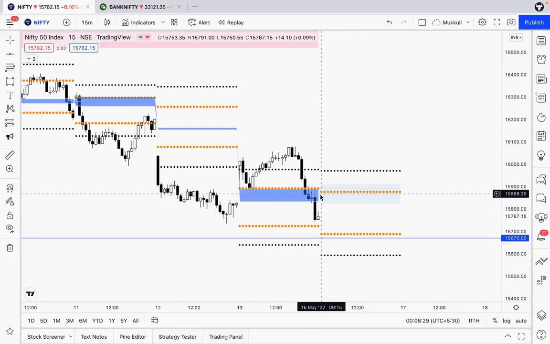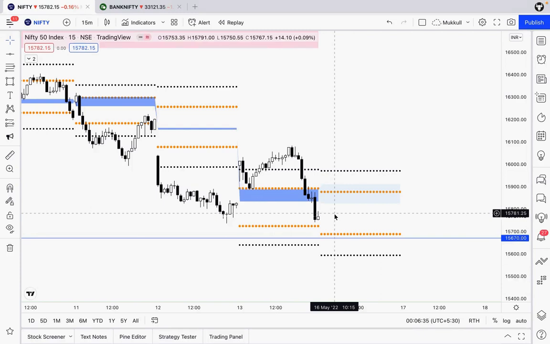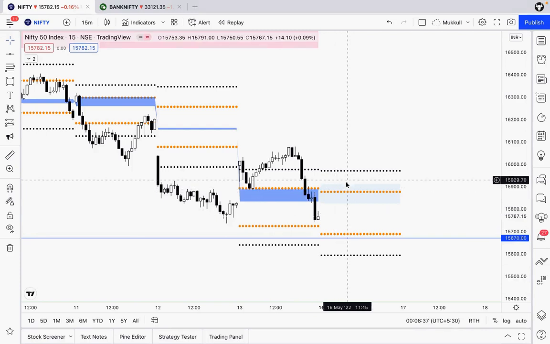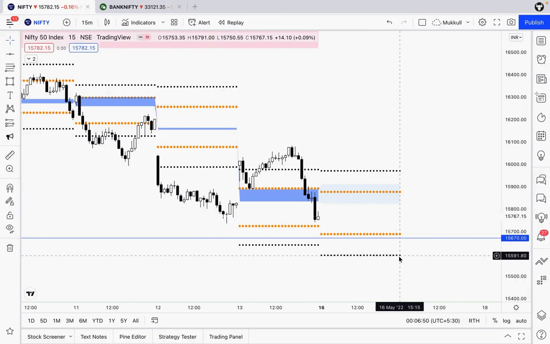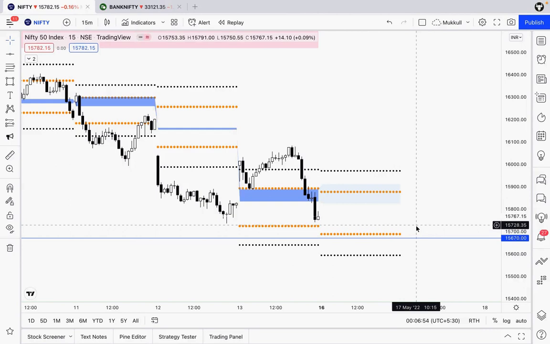Now, if we see that the Camarilla relationship is also a lower value Camarilla relationship, so here we can see any momentous upside only after we are breaking 15,970. Until then, there is always a chance of reversal towards L4 or towards L3, or towards our previous swing low that we saw on the daily time frame.